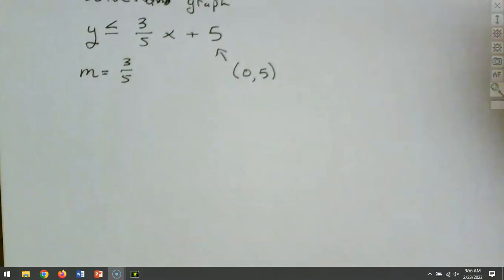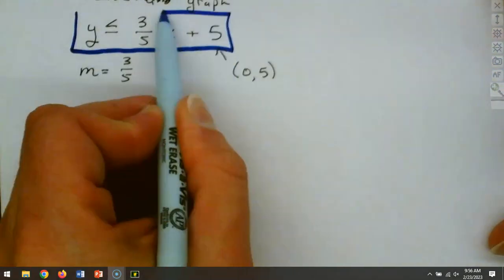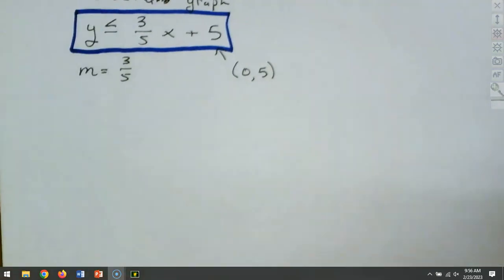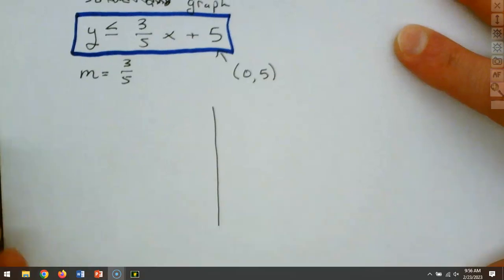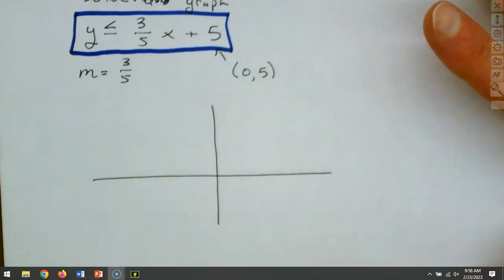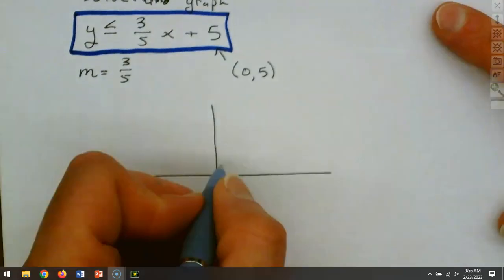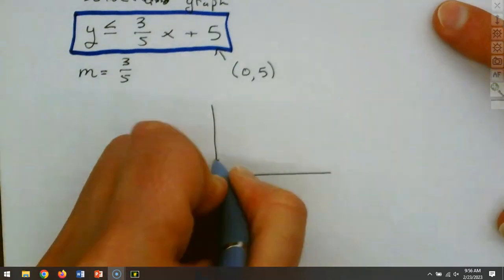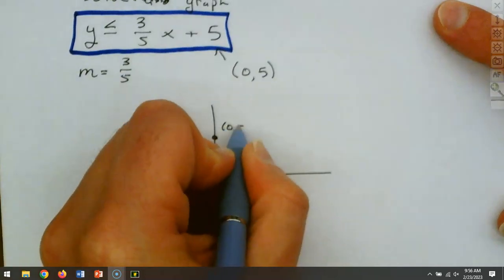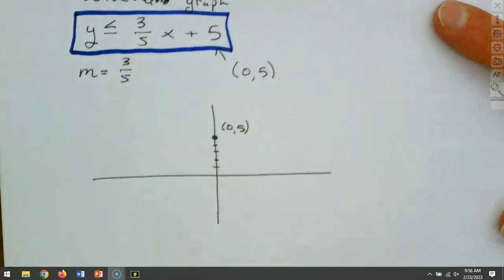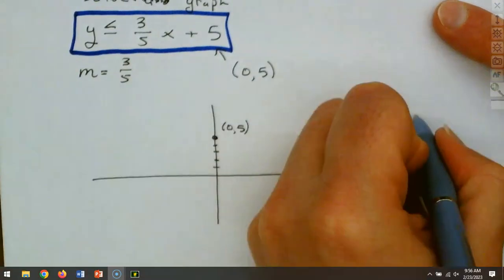The only new part is the fact that we're going to be shading and graphing here. In this case, I said it was less than or equal to, so it's going to get a solid line. We start up 5 units, so we start here at (0, 5). And then what's my slope? My slope is 3/5.